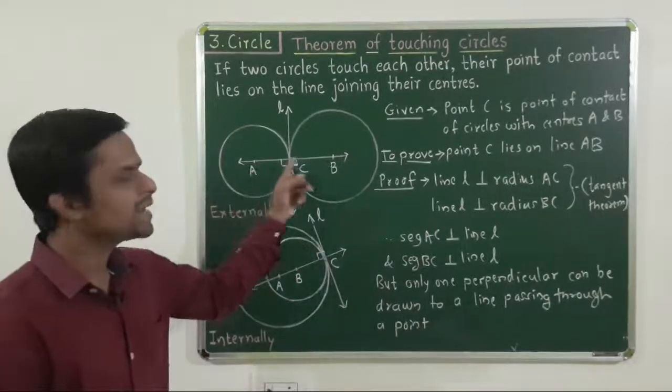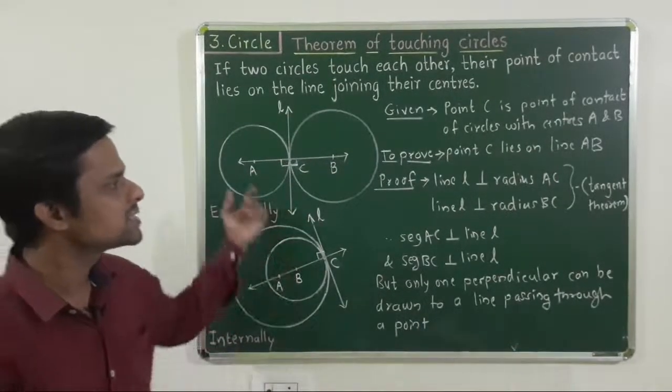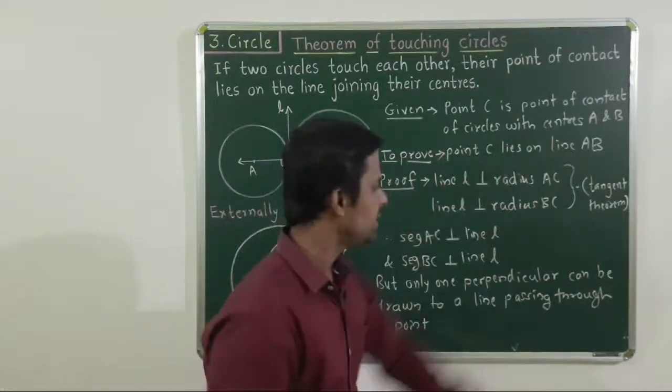Hence AC and BC lie on the same line. What does it mean? Hence point C lies on line AB.